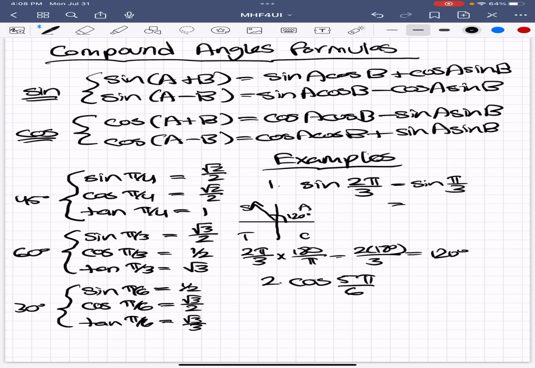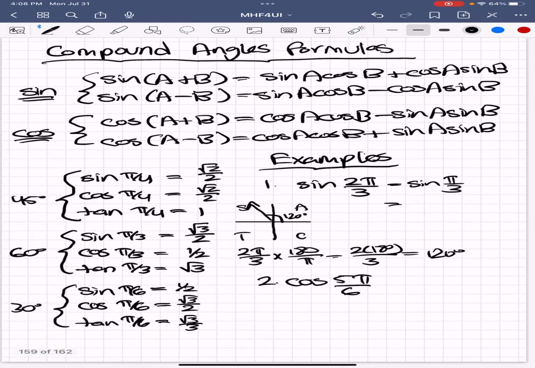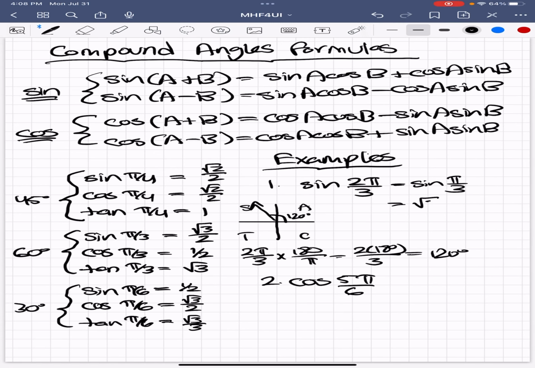And because it's in the sine quadrant, it's in quadrant 2, 120 degrees, and sine is positive in quadrant 2. It's going to be root 3 over 2, because as you can see, sine pi over 3 is root 3 over 2.